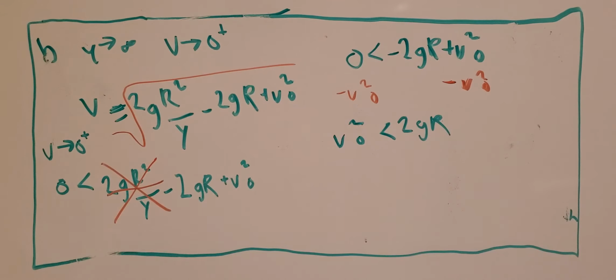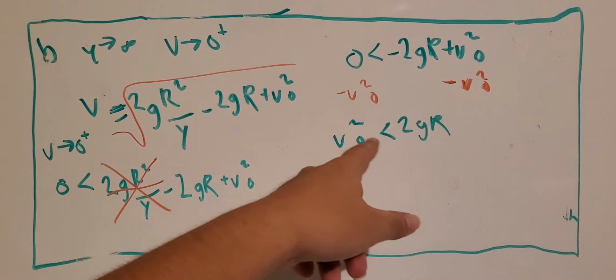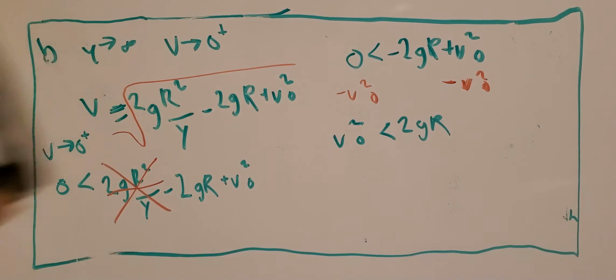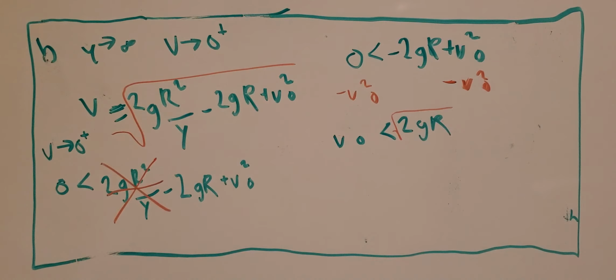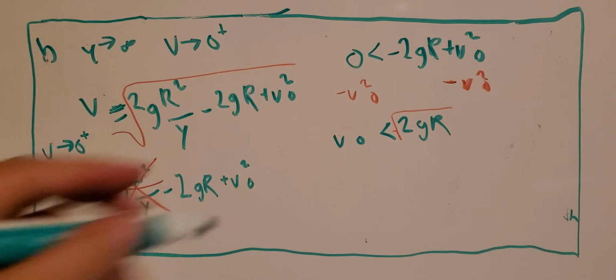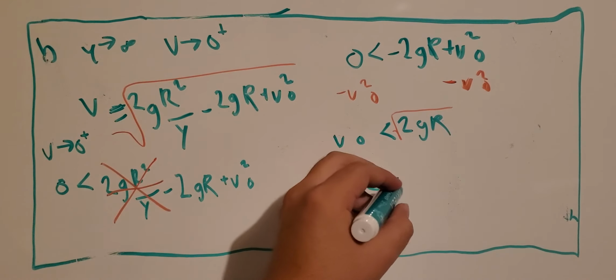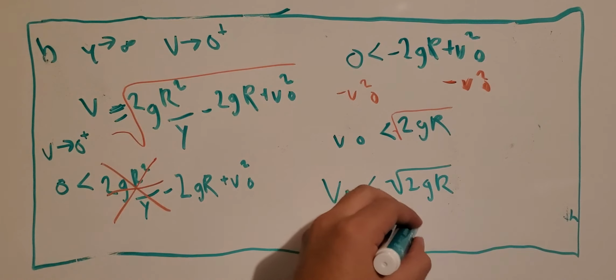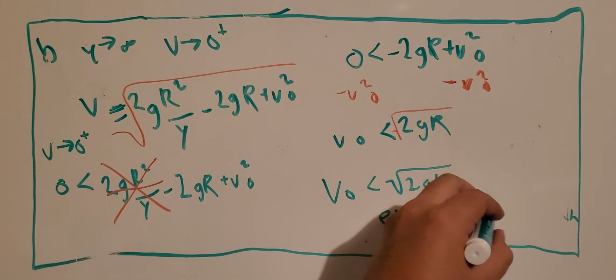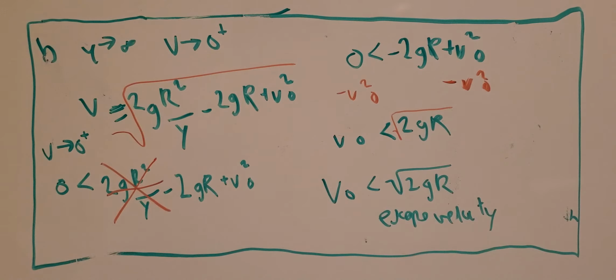Again, to get rid of this squared, we just take the square root of the other side, just as we did in the first part. So our answer is v naught is less than the square root of 2gR. And this is the escape velocity.